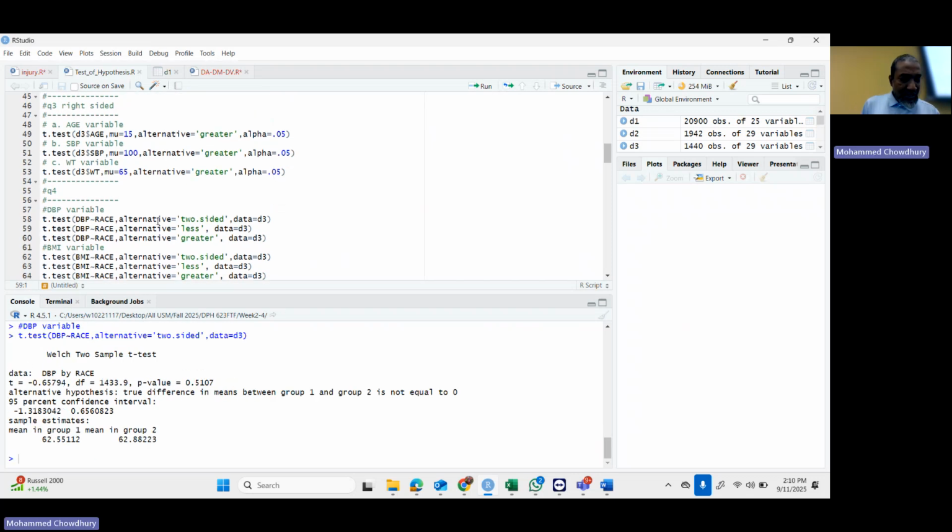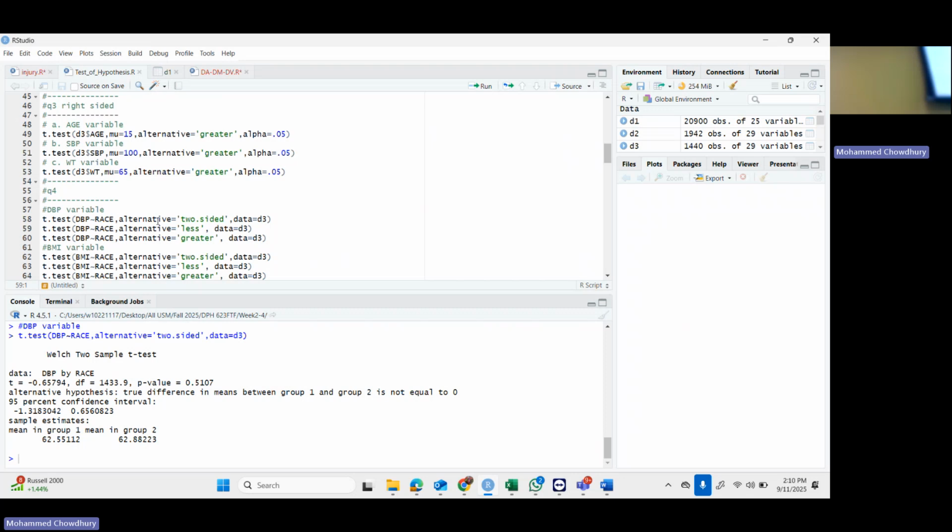So we have found that the 95% confidence interval is negative 1.31 to 2.65 and the p value is 0.51. That means the average diastolic blood pressure for African American and Caucasians is the same; the null hypothesis is accepted, or in other words, we fail to reject it.